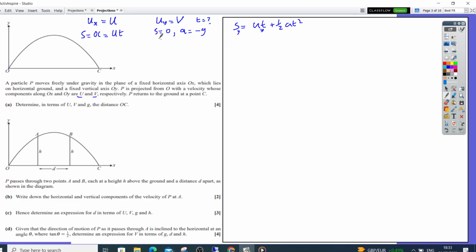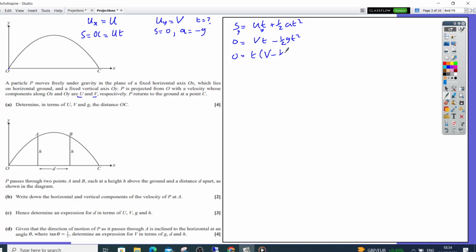So what do we know? We know that that is 0. The initial velocity is capital V multiplied by T. Acceleration is minus G, so that's going to be minus a half G T squared. Now we've got two values of T, obviously, because T starts from 0 and then it comes back after so many seconds. So let's factorize that, take the T out. One solution is T equals 0.